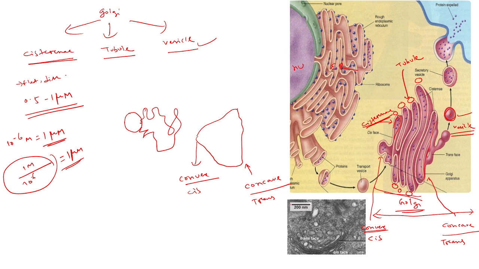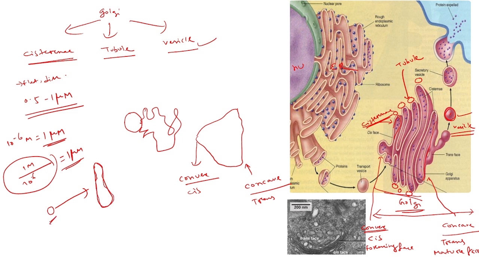The cis is called the forming phase, and the trans is called the mature phase. Why is it called forming, and why mature? In a child the size looks like this, but after adulthood, of course, the size increases.